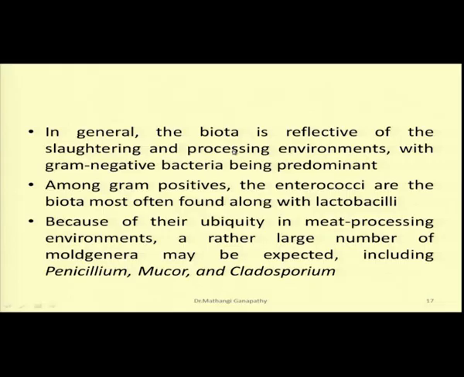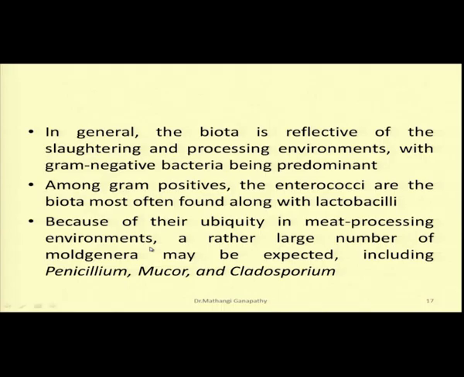In general, the biota is reflective of the slaughtering and processing environments, with gram-negative bacteria being predominant. The amount of microbes which grow depends, number one, on the health condition of the animal, as we said, and two, on the hygiene and sanitization conditions where the animal is slaughtered and the meat is processed.